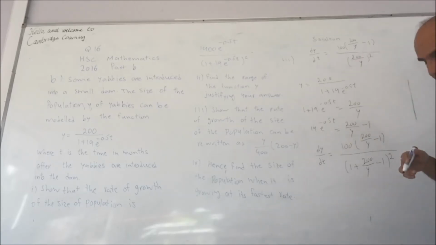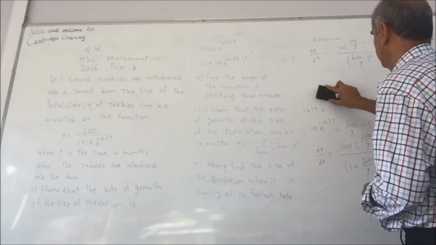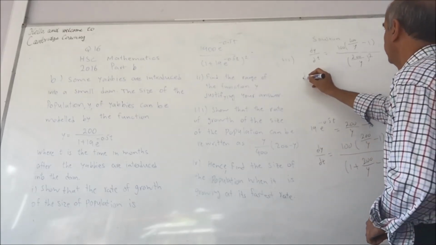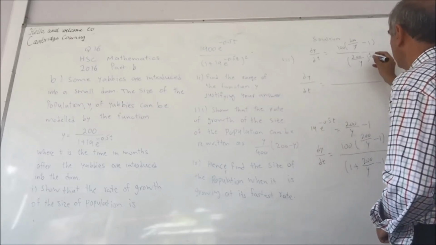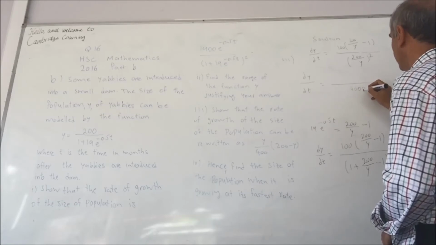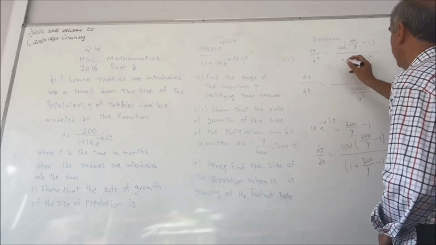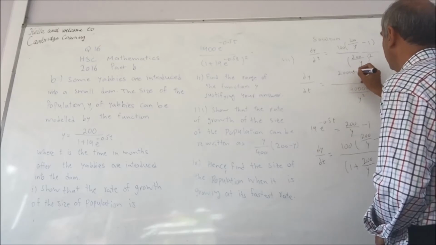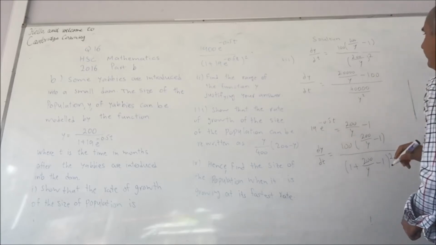Okay, now we simplify that. dy over dt is equal to, that becomes squared, 200 squared is 40,000, and y squared, and this times that becomes 20,000 over y minus 100.